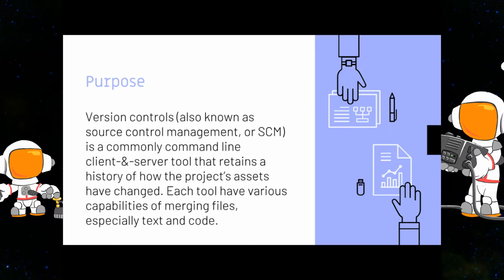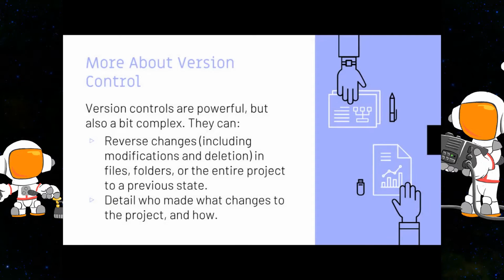Now, I mentioned that it actually is capable of multiple different concepts, but let's see if I can also talk about what these features are. First off, with version control, you can reverse any and all changes, including deletion, renaming, file modifications, and so forth.